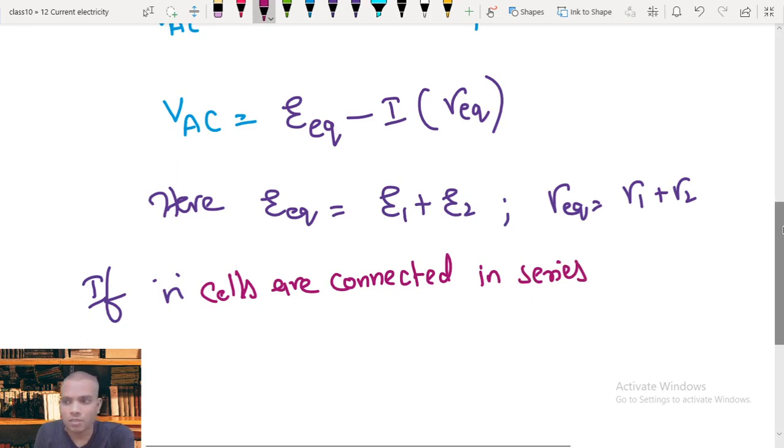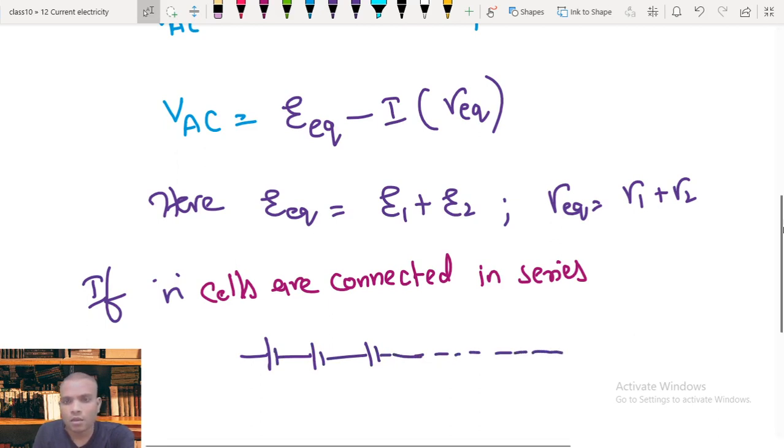The potential difference will be between all the n cells. Suppose I draw a diagram here, so this is the first cell, second cell, third cell and so on, the last cell. So this is the nth cell, 1, 2, 3.